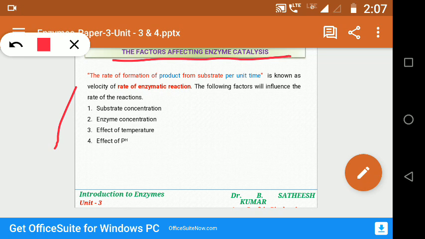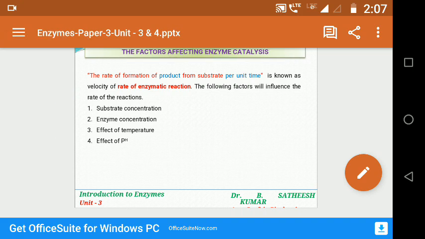In this video, we will be discussing how these four factors affect the enzyme activity. If we increase one of these factors, what happens to the enzyme activity, whether it increases or decreases, we are going to discuss in this video lesson.